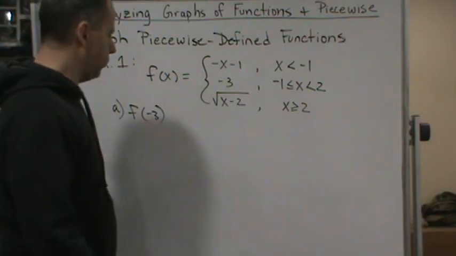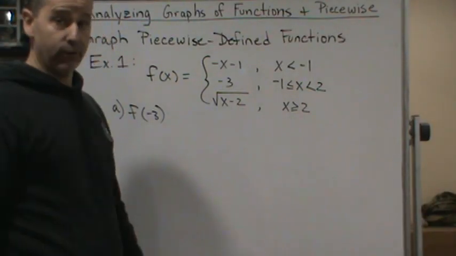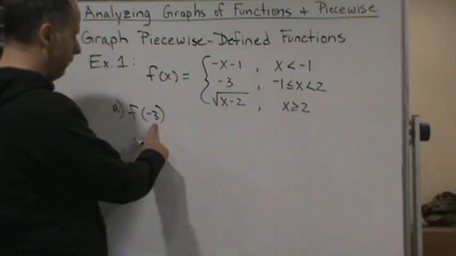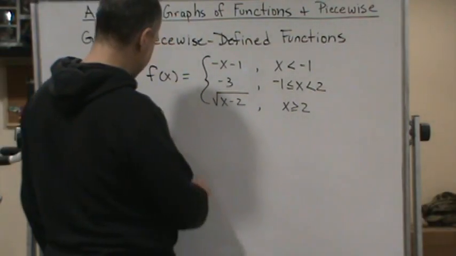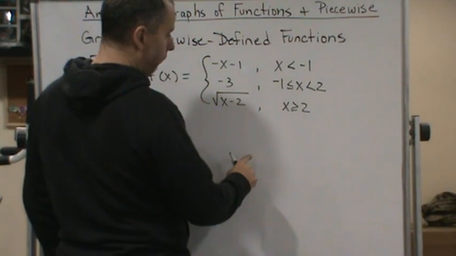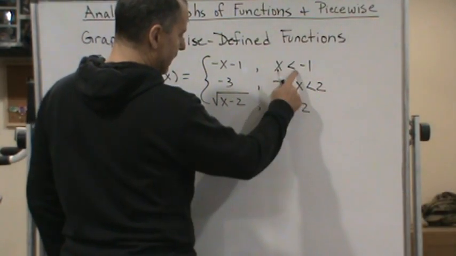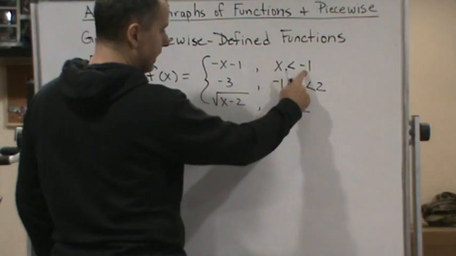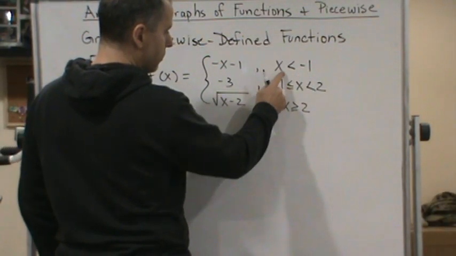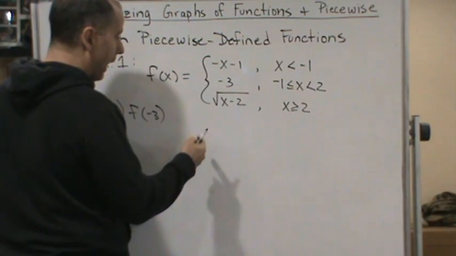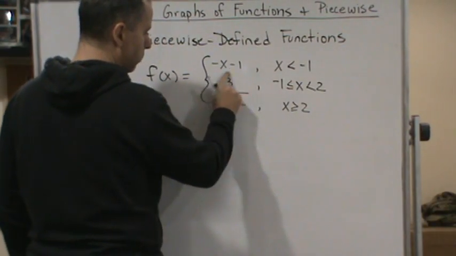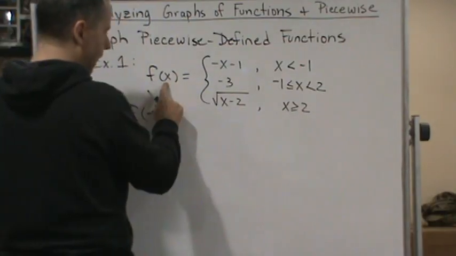The first thing we need to do is figure out which one of the intervals -3 falls into. -3 falls inside this first interval because it's less than -1. So we're going to use this rule to evaluate f of x.